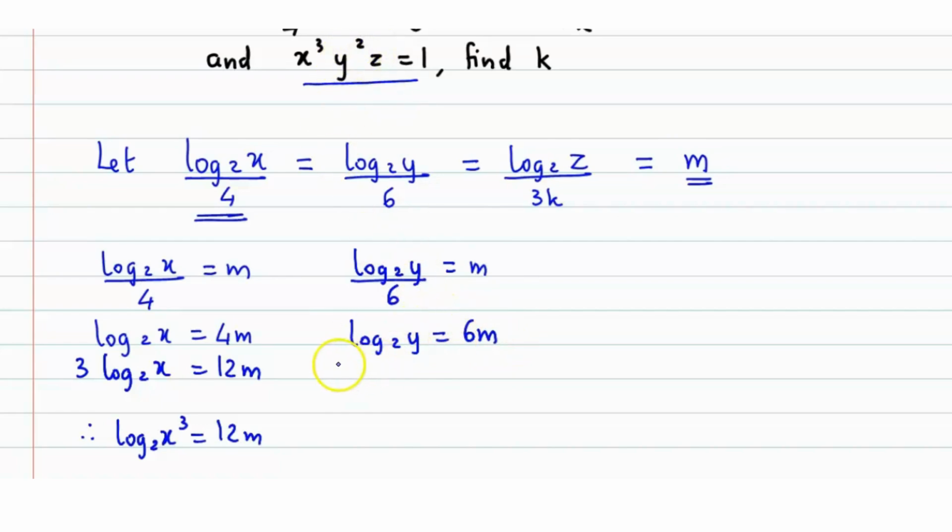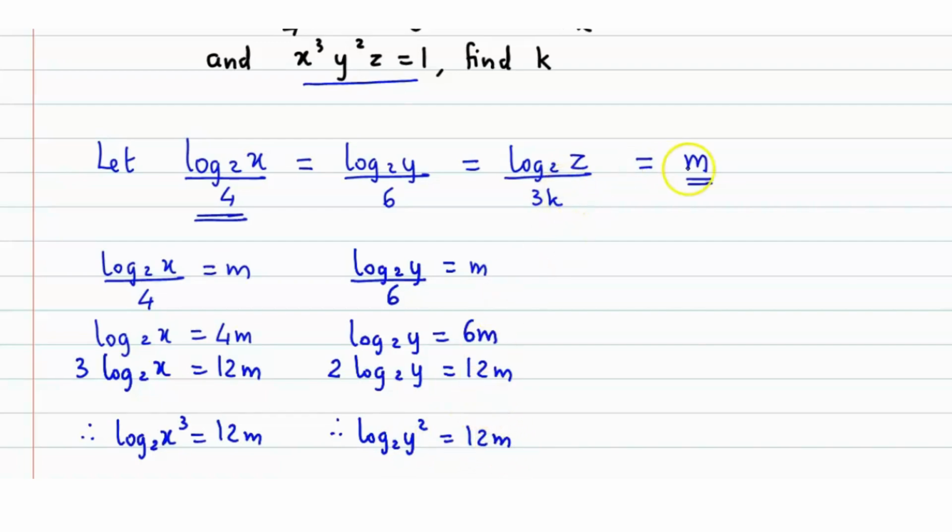So we need to multiply both sides by 2. So 2 times log y to the base 2, अब यहाँ 2 times हो जाएगा 12m. So finally we have log of y square to the base 2 is equal to 12m.